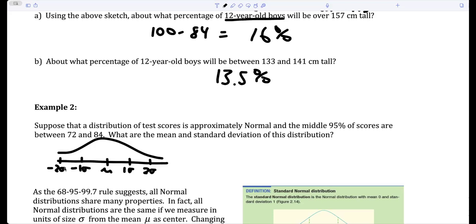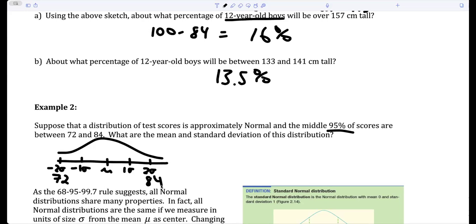The middle 95% of the scores are between 72 and 84. That means that 72 is going to fall at -2 sigma, and 84 will fall at +2 sigma.